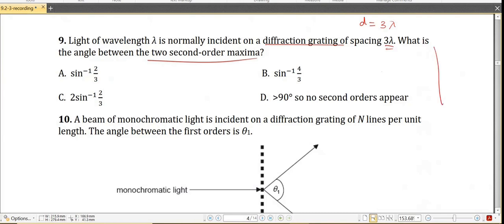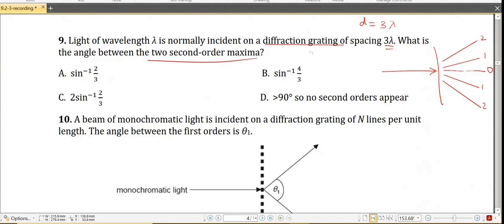This is the grating. Light is falling. This will be my 0th order. This will be my first order, both sides. This will be my second order spectrum that I'll be observing. The question is asking the angle between the two second order maxima.